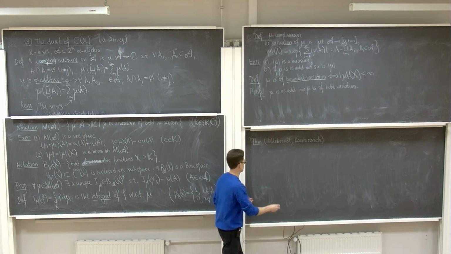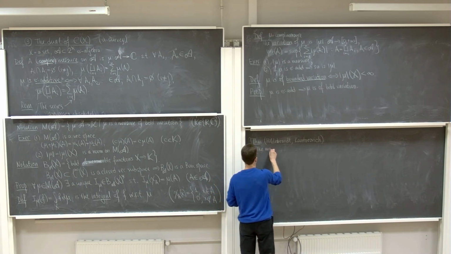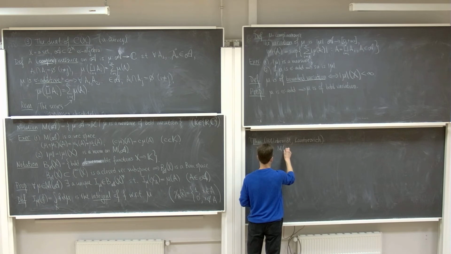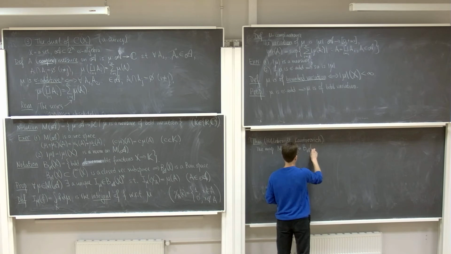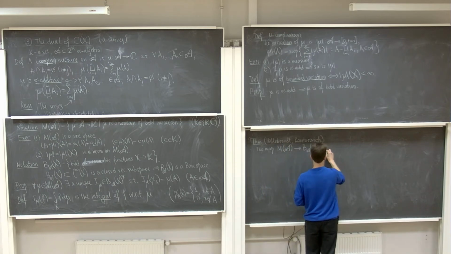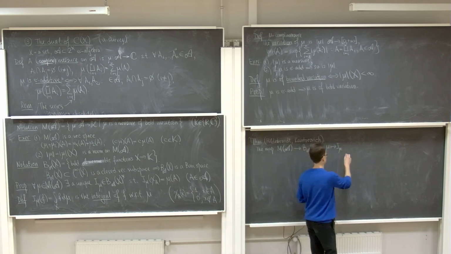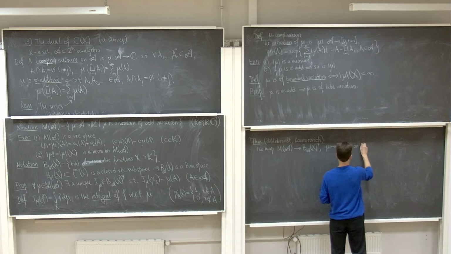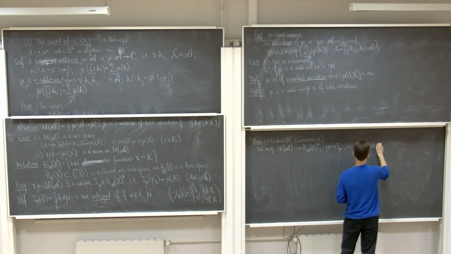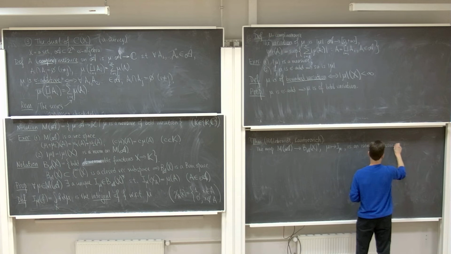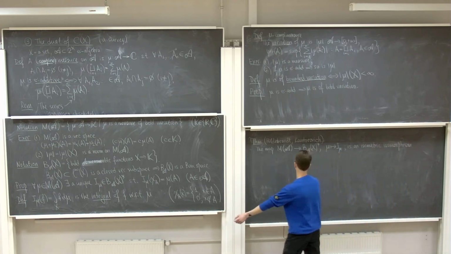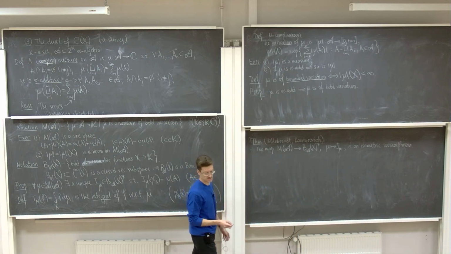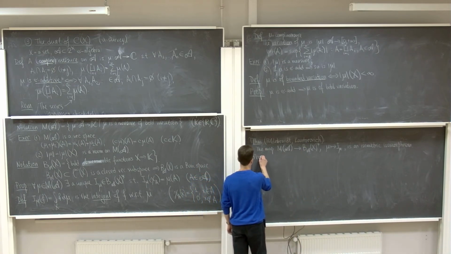This theorem states that the map from the space of complex measures of bounded variation to the dual of B of x, which takes each measure mu to the respective integral, is an isometric isomorphism. The theorem is important, but it's rather easy. The proof is an exercise for you.